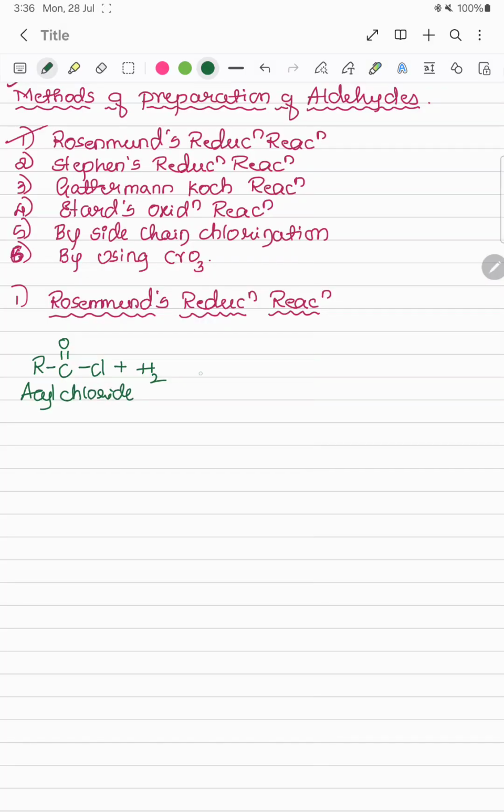This acyl chloride is hydrogenated over palladium and barium sulfate, so you are going to get aldehyde. One among the H and Cl will eliminate as HCl. You get RC double bond OCl converted into RC double bond OH. This is called aldehydes. So this is going to be your general reaction for the Rosenmund's reduction reaction.